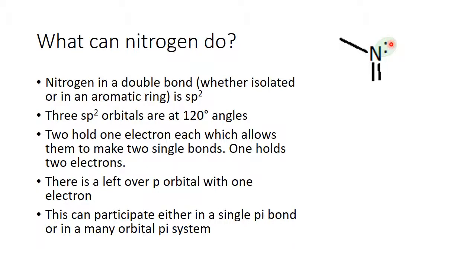One of these orbitals is holding 2 electrons as a non-bonding pair. The other 2 are just forming sigma bonds. There's a leftover p here also that has 1 electron, and what is it doing? It's participating in either a single bond or a many orbital pi system. So anytime you see a double bond to a nitrogen, the non-bonding pair is in an sp2 orbital, and it has 1 electron in a pi system.